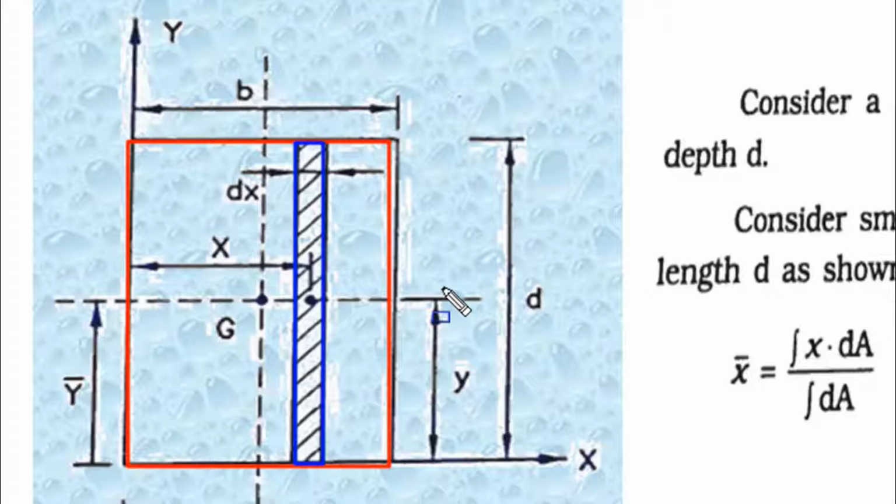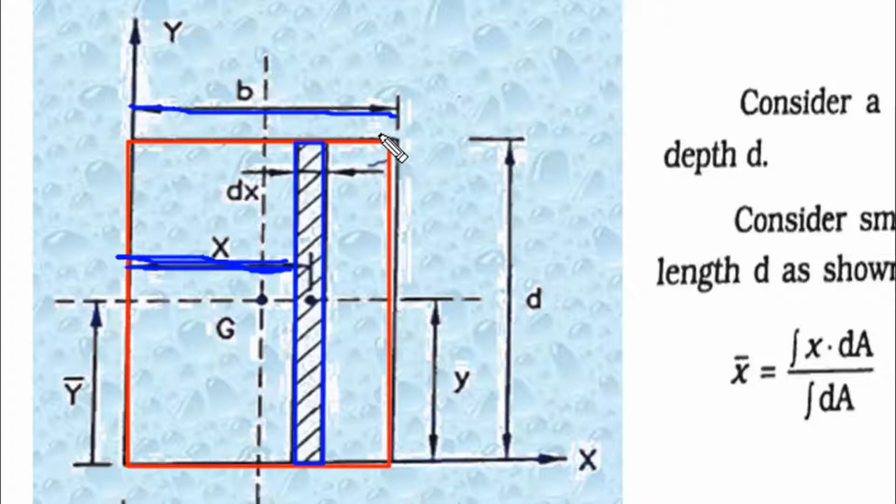Now, what are the other distances? You can see this is the distance x from the y-axis, the horizontal distance x of the strip from the y-axis. So remember the symbol first. X means distance from the y-axis to the strip. Now what is this b? This b is the total width of the rectangle.